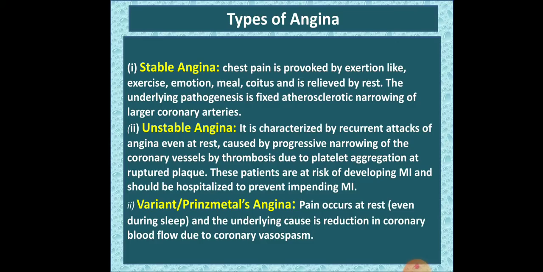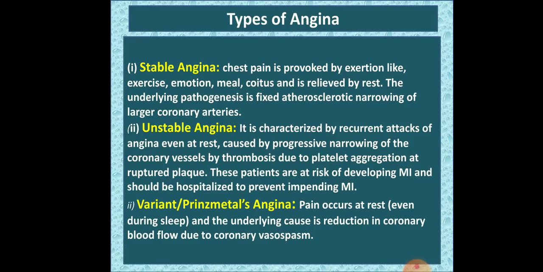Now the second thing you can do is decrease the workload of the heart. So even if the blood supply to the heart is not sufficient in case of exertion, you reduce the workload of the heart. Now how can you reduce the workload of the heart?